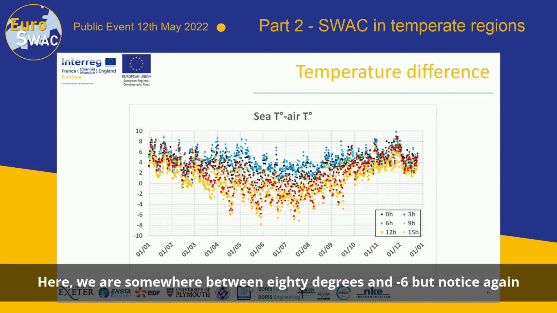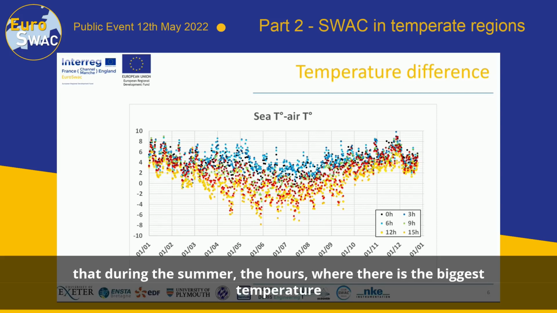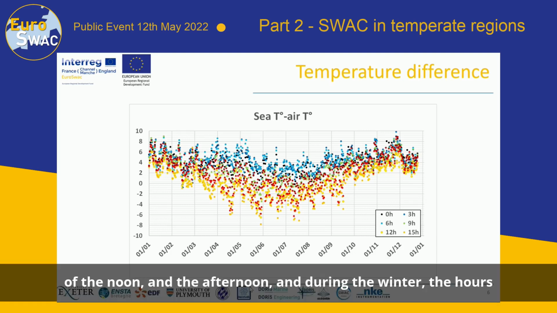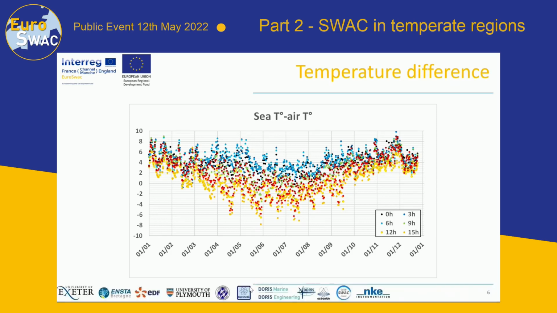But notice again that during the summer, the hours with the biggest temperature are noon and the afternoon, and during the winter, the hours with the biggest temperature are the night hours and the early morning.